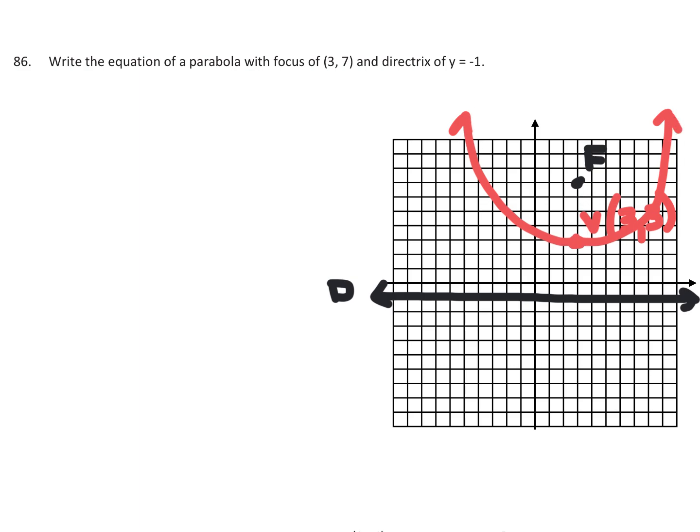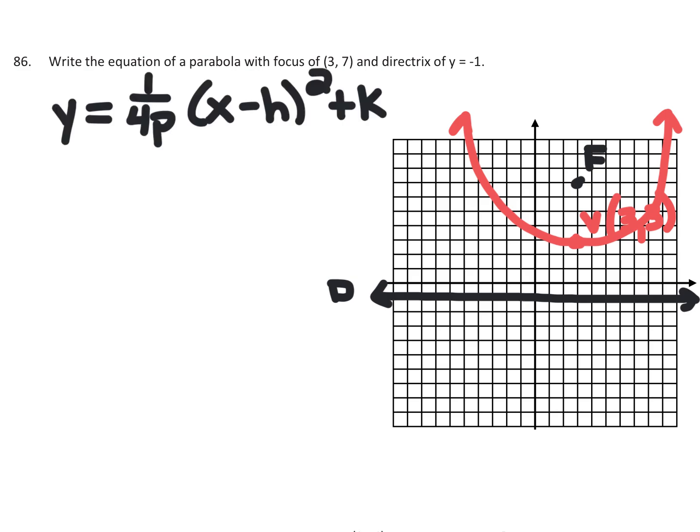All right, so now they want us to write an equation. Okay, so here's the format of the equation of a parabola that opens up. Remember, the only difference between opening up and opening down is if it opened down, there'd be a negative here. Okay, so we want to leave this equation in terms of x and y. Now, if we look here, it says 1 over 4p.